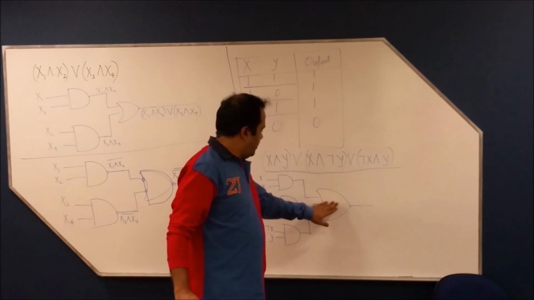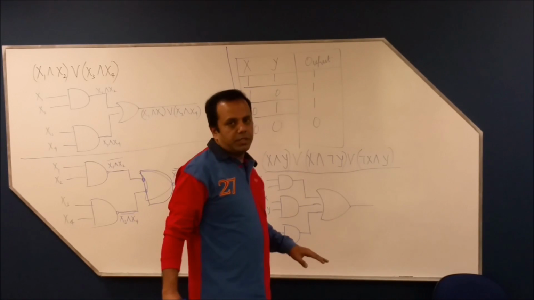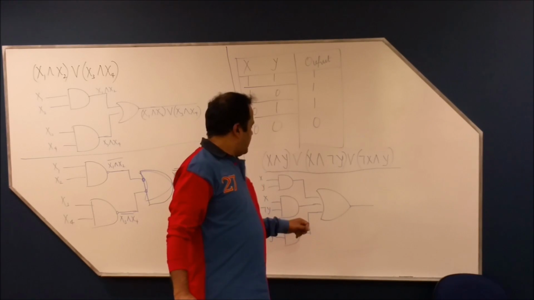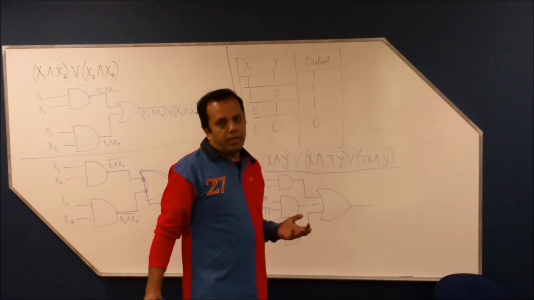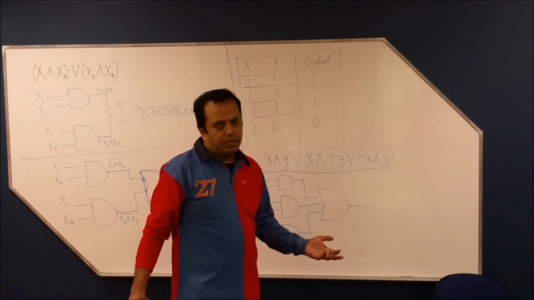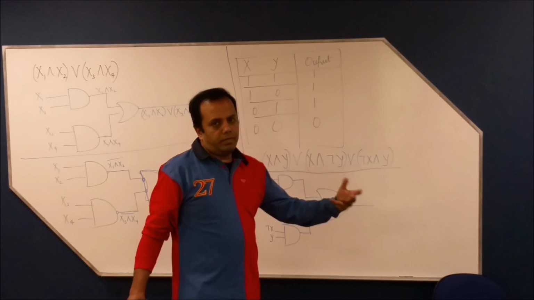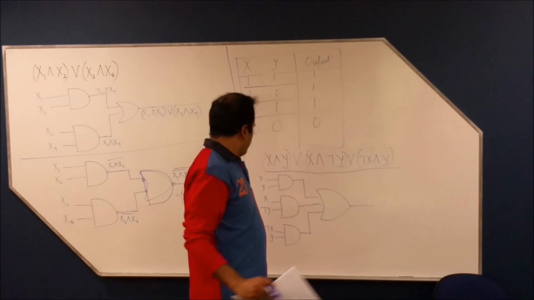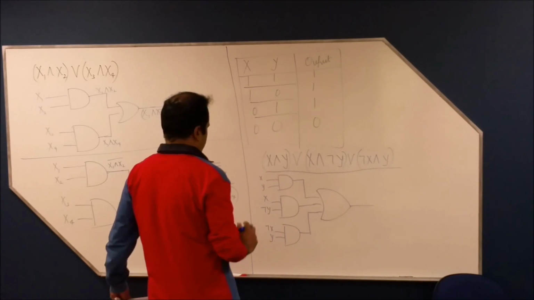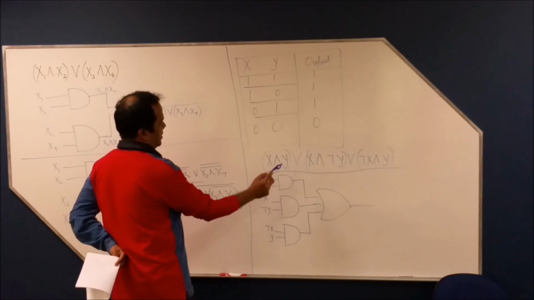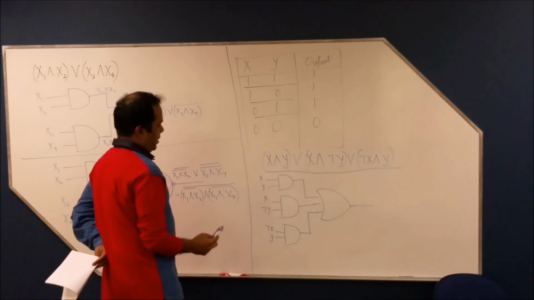So we should be able to realize an OR gate with 3 inputs using a few OR gates with 2 inputs. And similarly, we should be able to realize an AND gate with 3 inputs using a couple of AND gates with 2 inputs. So anyway, this is the circuit to realize the given expression.